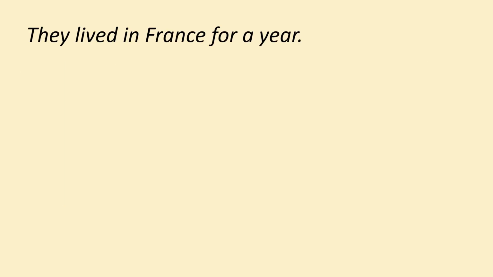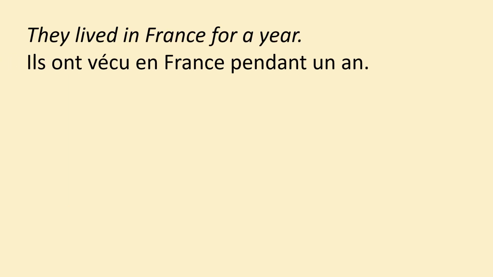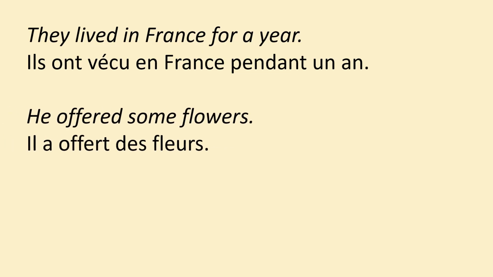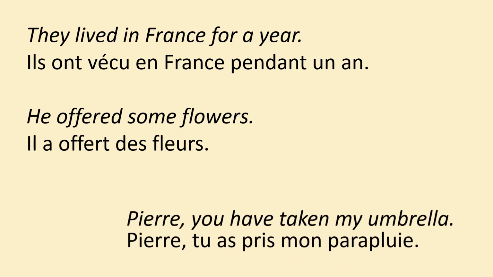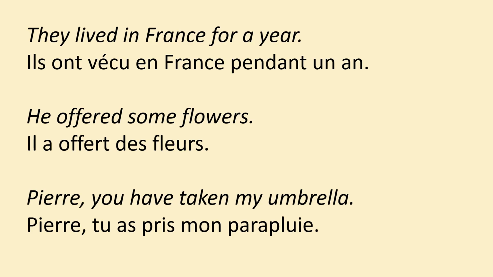For they lived in France for a year, it's ils ont vécu en France pendant un an. For here in the past is going to be pendant. Then the next sentence, he offered some flowers. Il a offert des fleurs. And the last one, Pierre, you have taken my umbrella.